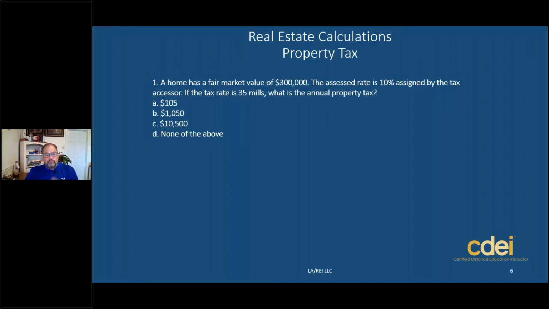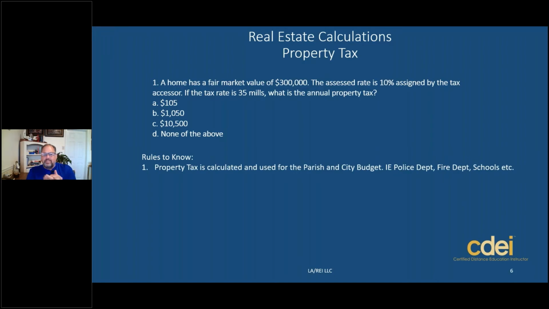Okay, so first thing we want to do, we want to have some rules of thumb to know when it comes to property tax, okay? First of all, let's understand what the theory behind property tax is. What's property tax used for? Well, it's calculated and used by the parish and city to pay for the budget they have annually.